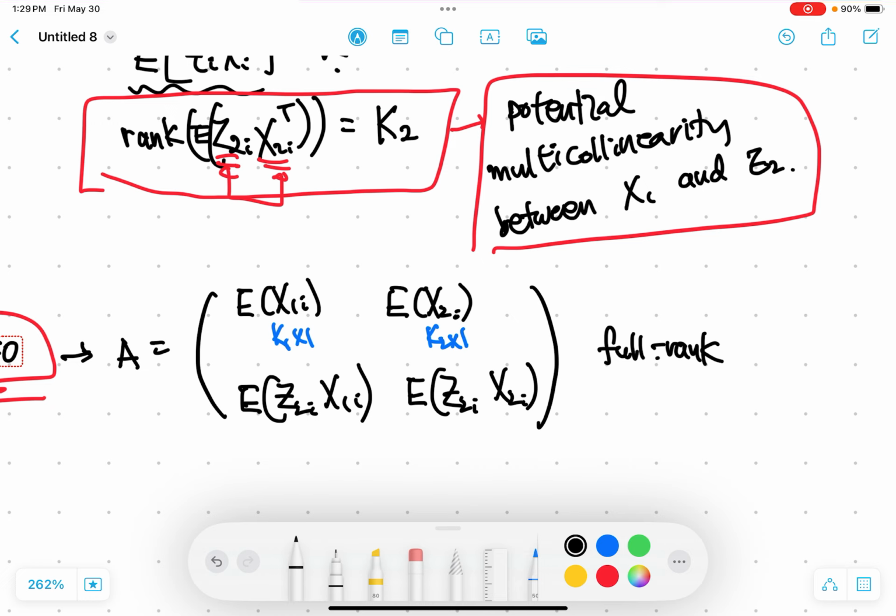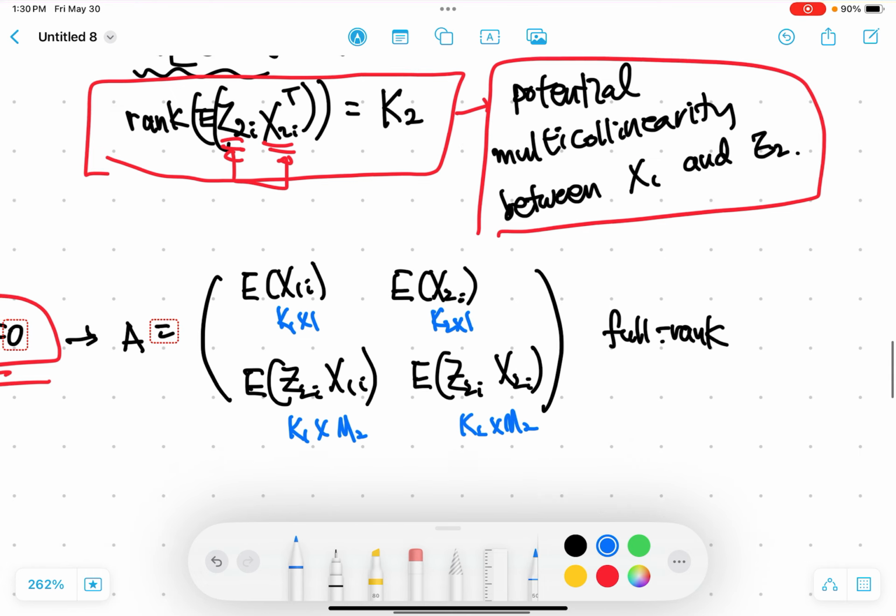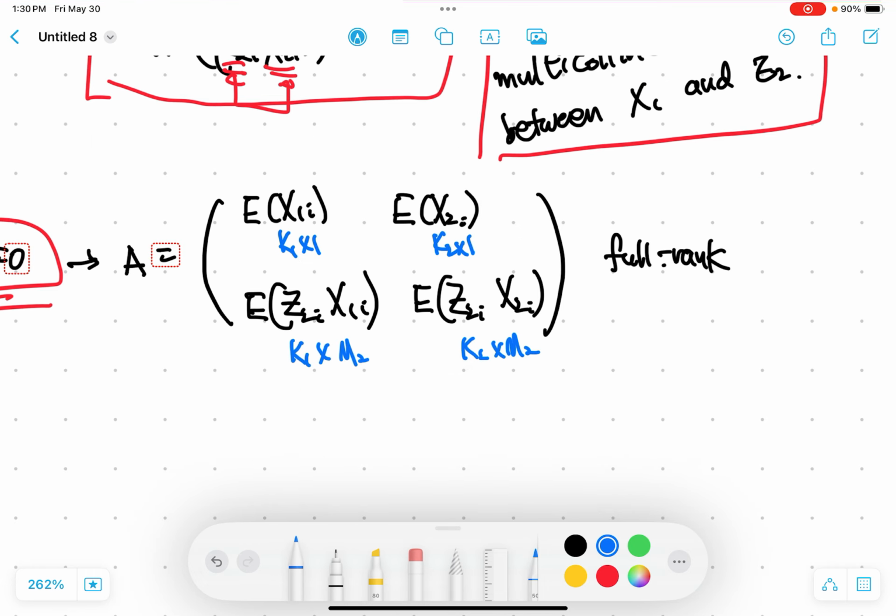And I think this guy meant k1 by m2, k2 by m2, right? In the end, the dimension does not match because it has k1 rows and it has k2 rows. If they are different, the matrix cannot work. So to be more correct, you have to put transpose here.